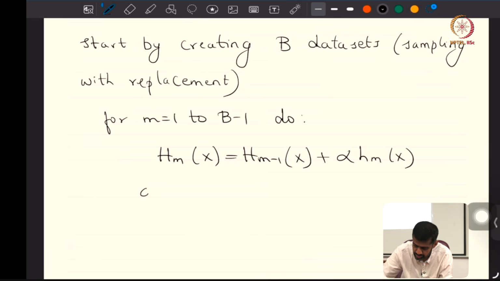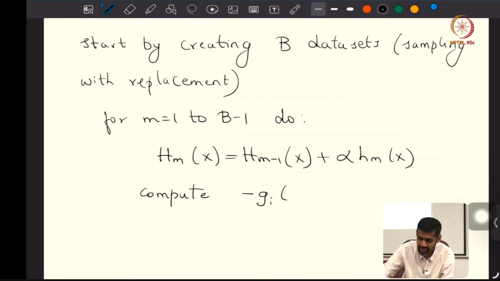Compute minus gi. I want two indices, that is why I just got stuck.